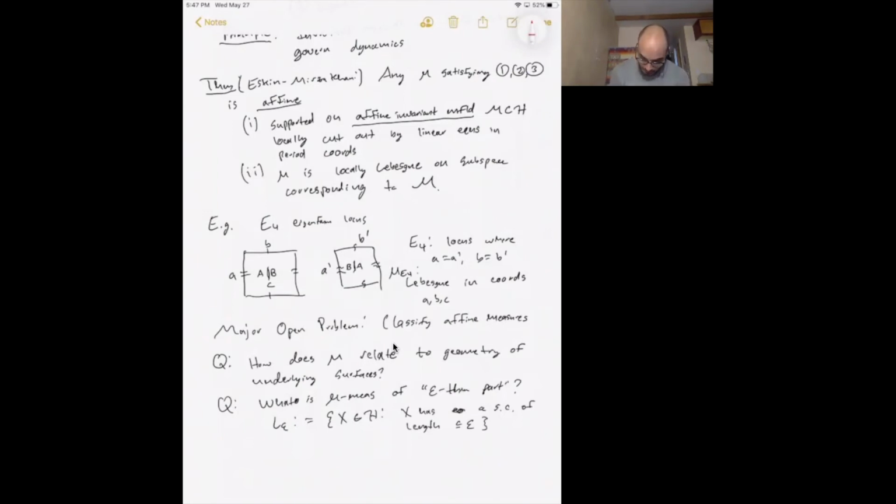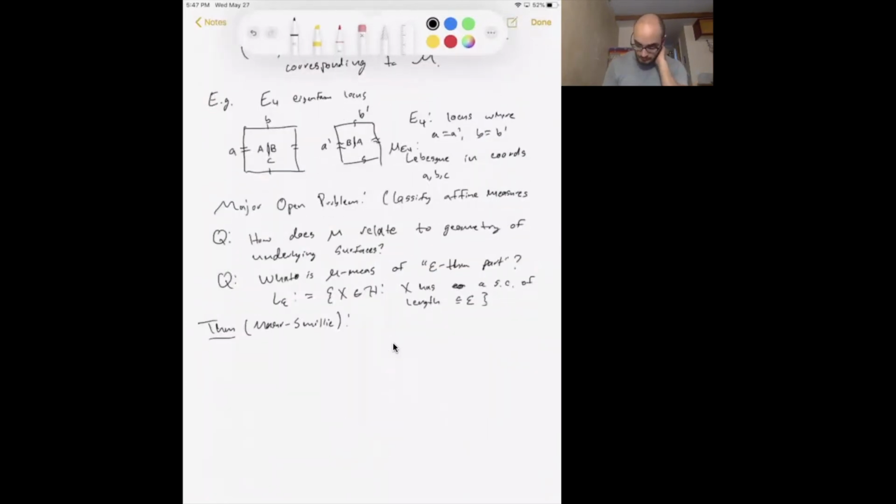So there's a theorem of Masur and Smillie in the early 90s, which says that for the Masur-Veech measure, if you look at the measure of L epsilon, it's big O of epsilon squared.